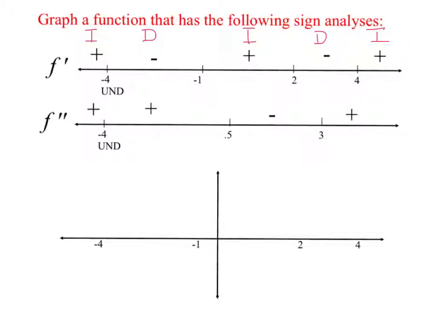So I know that this is a maximum, this is a minimum, maximum, minimum. Going down here, this is concave up, concave up, concave down, concave up. The one thing that's different on this is you can see I've said that the derivative and second derivative are undefined. So let's start drawing and see why that occurs.